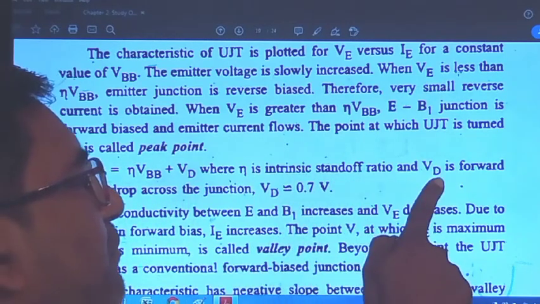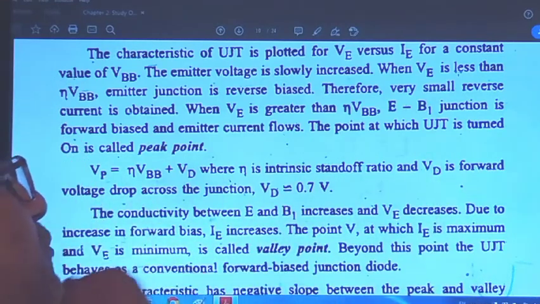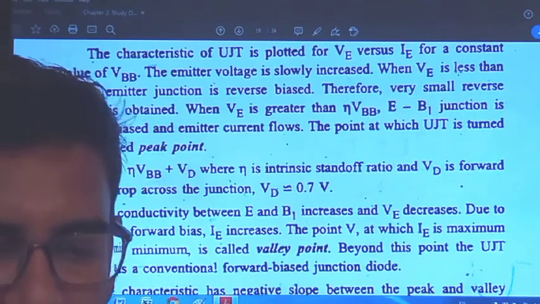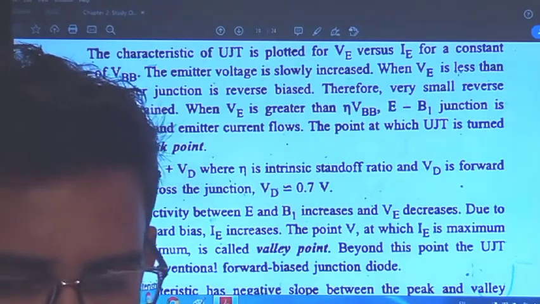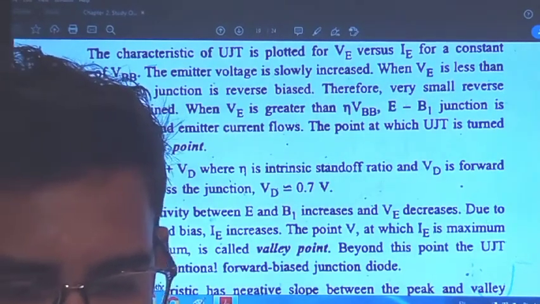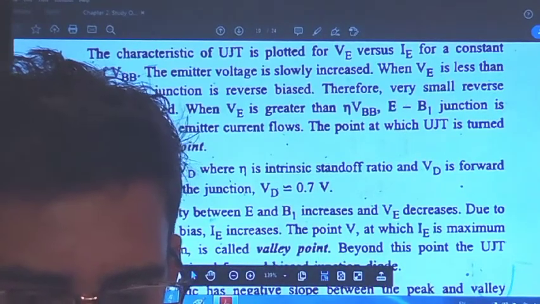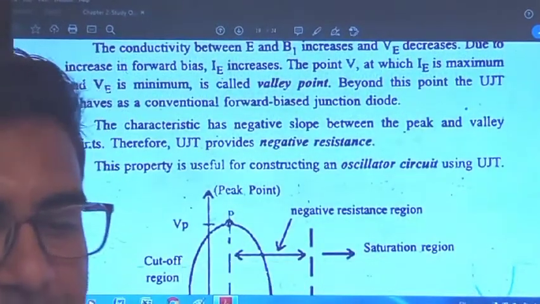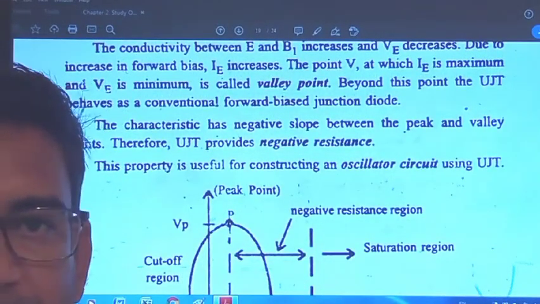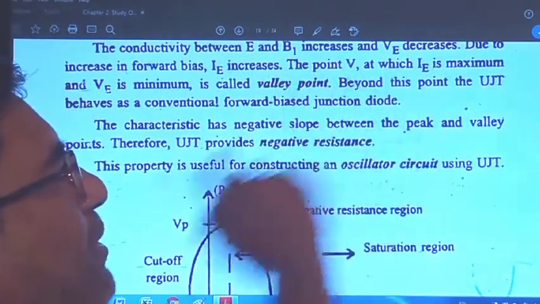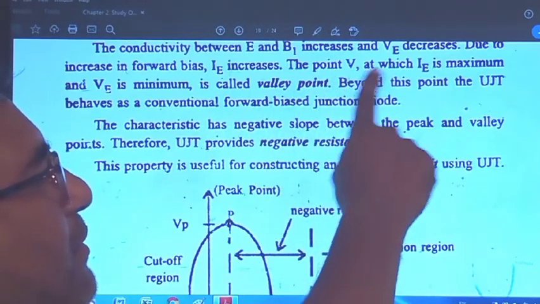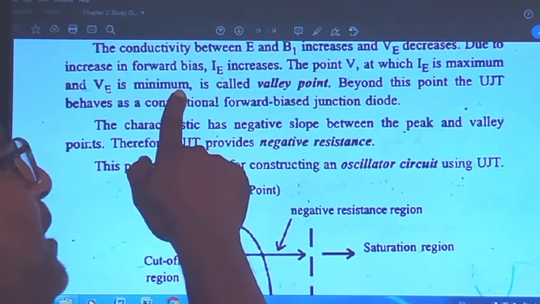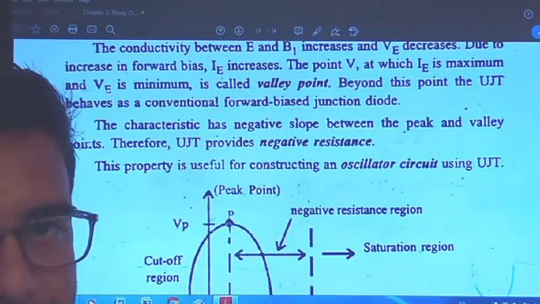Eta is the intrinsic standoff ratio, and VD is the forward voltage drop across the junction, which is 0.7 volt. When conduction between the emitter and the base occurs, the emitter voltage decreases while the current increases due to the increase in forward bias. The point at which the voltage is minimum is called the valley point.